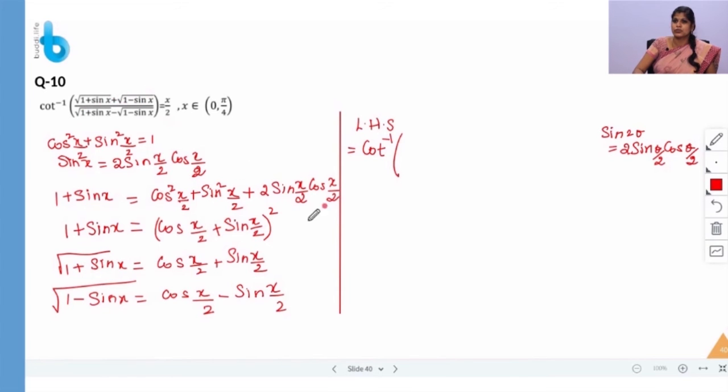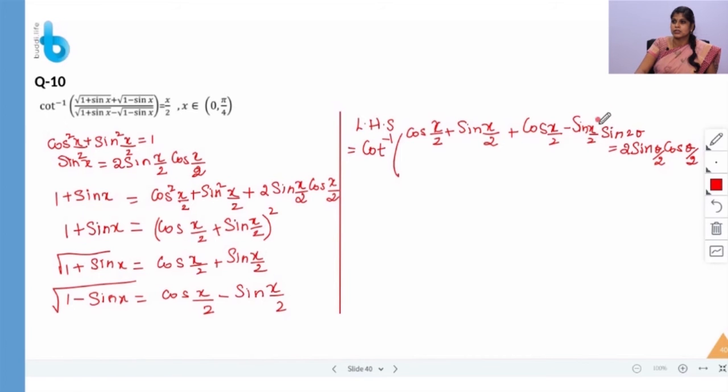Instead of those two terms we are going to substitute these two terms. So on the numerator we will have cos x by 2 plus sin x by 2 plus cos x by 2 minus sin x by 2.